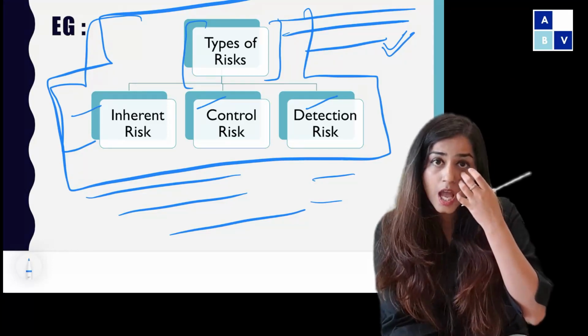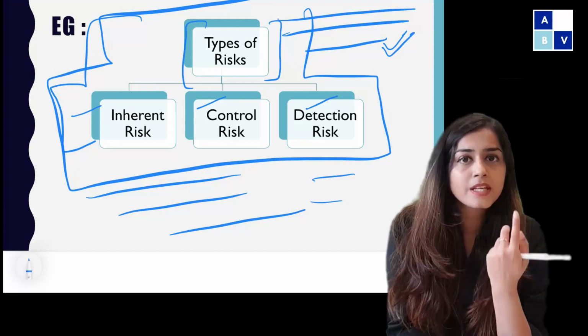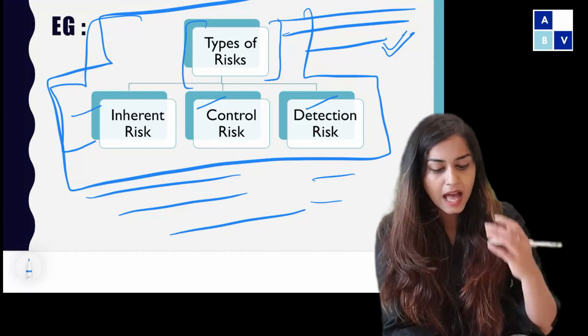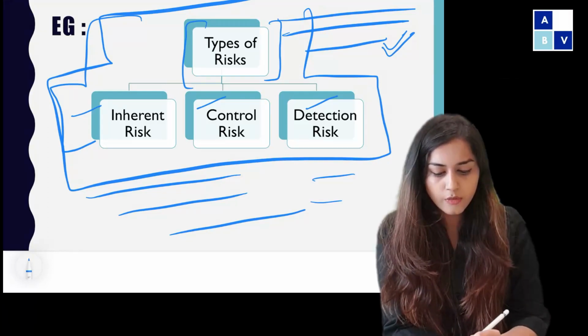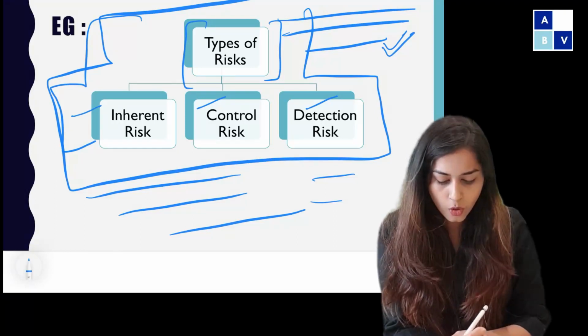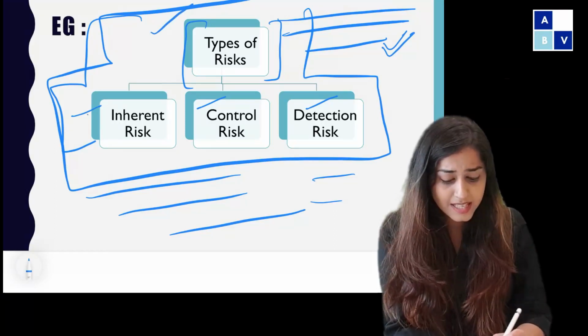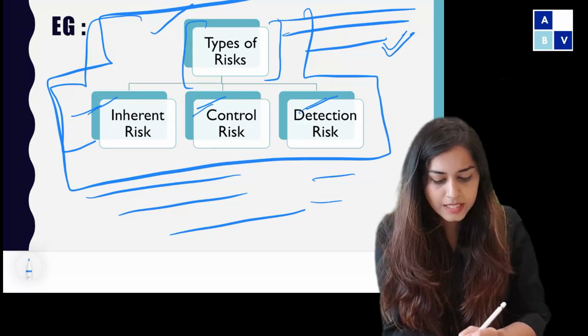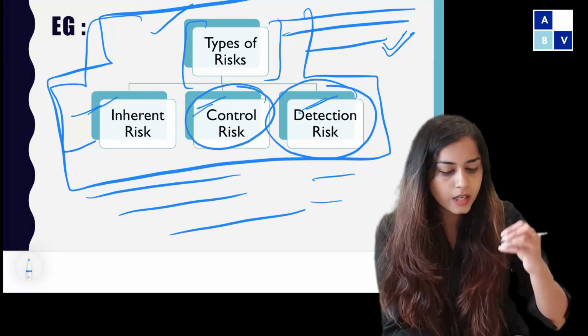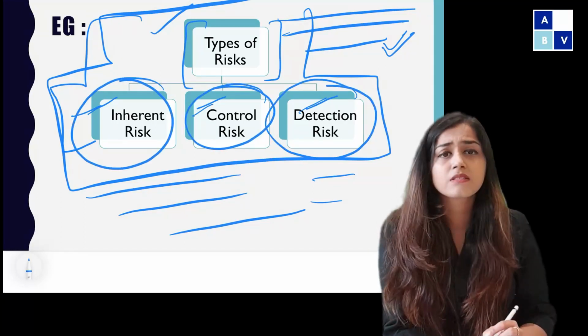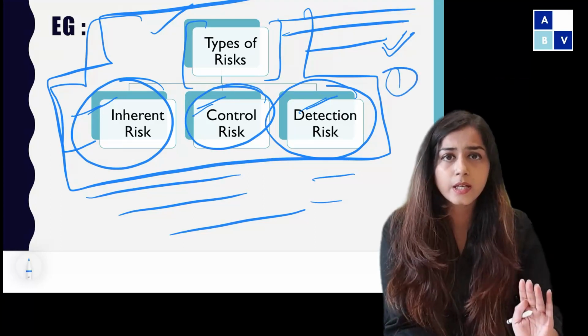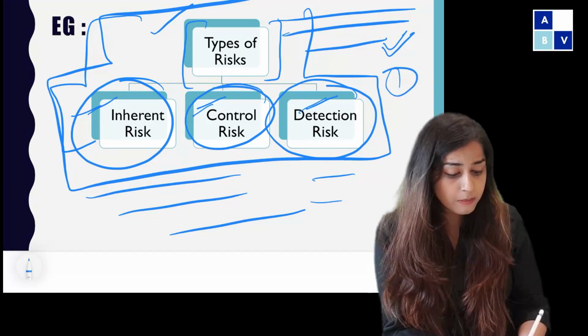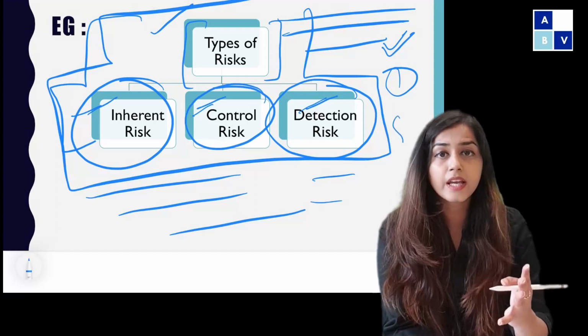Now, if I am an examiner and I just had a glance through your visual, I know you know inherent risk, control risk, detection risk. At least you are aware of these terms. So I am automatically bound to give you at least 1 mark. This is the minimum you will get. The rest of the answer may not be correct, but this you will get. Why?